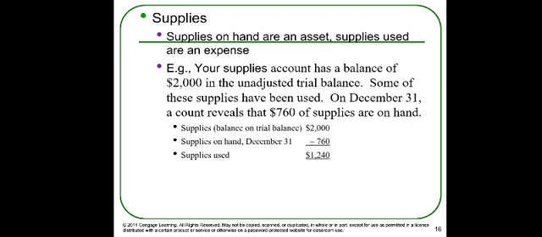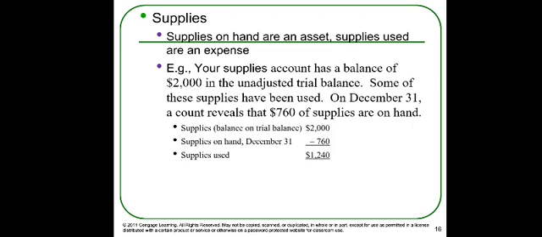Okay, in this example, see here the simple calculation. The supplies balance on the trial balance is 2,000. That is the beginning balance. Balance of the supplies at the beginning of the year. At the end of the year, supplies left equal to $760.